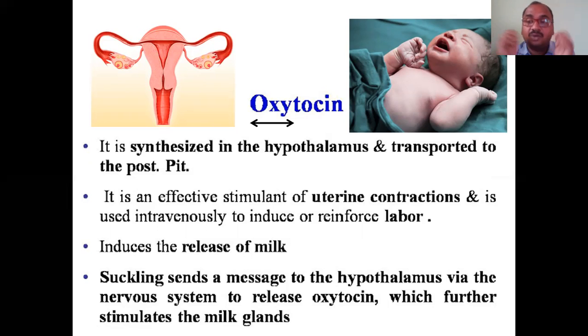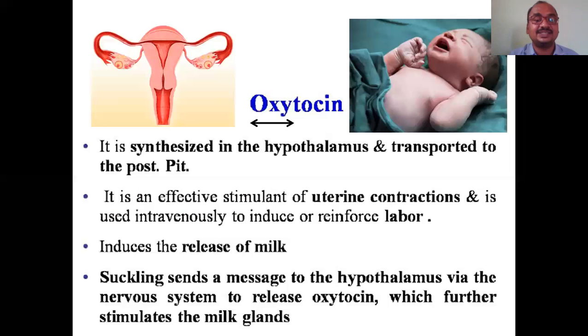So how to keep the name in your mind: oxygen. Whenever you are born, immediately when you came on the earth, you are taking oxygen. Like that you can remember oxytocin. It makes the delivery easy. Like that you can remember very easily.